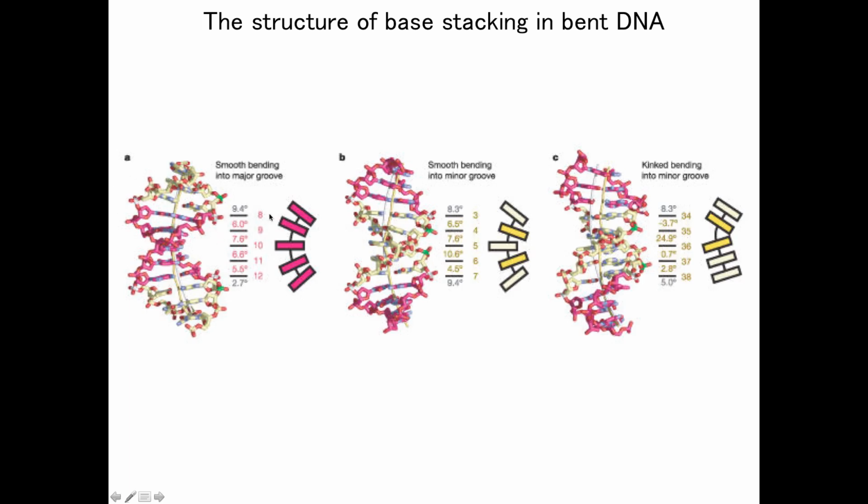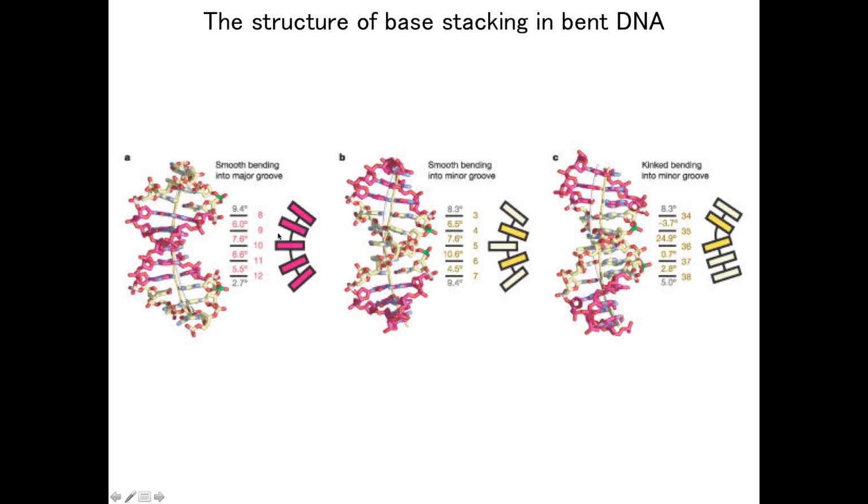Please see this smooth bending into the major groove of the DNA structure. This is the X-ray structure, and this is a cartoon of this X-ray structure. This cartoon shows each pi-pi stacking of bases.